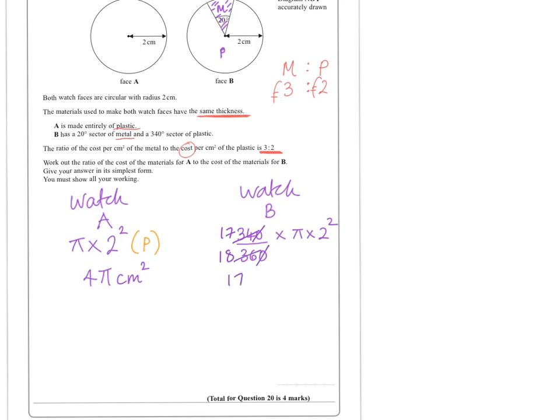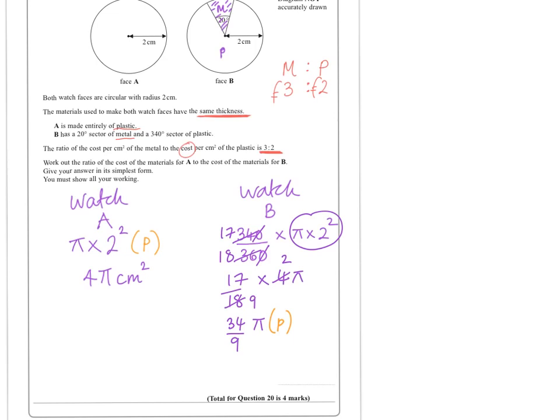So I will get 17/18 of 4 pi. Then I'm going to halve the bottom and halve the top, and that's going to give me 34/9 of pi, and that is going to be the plastic part.